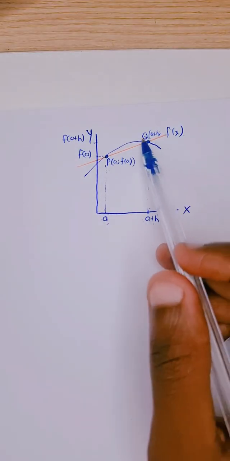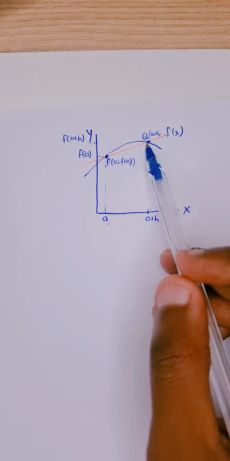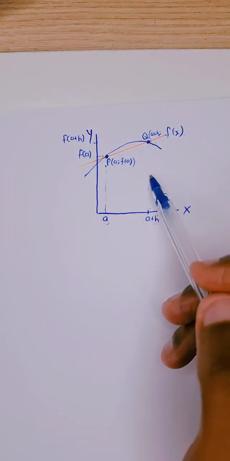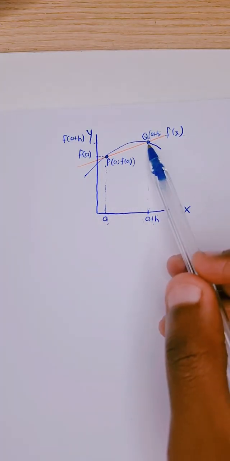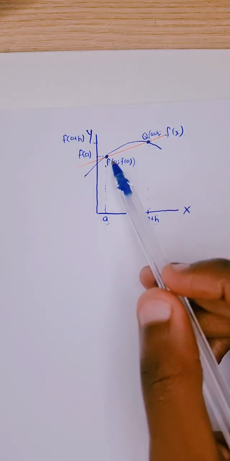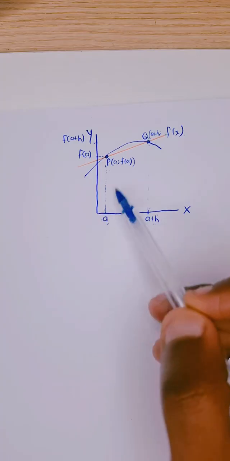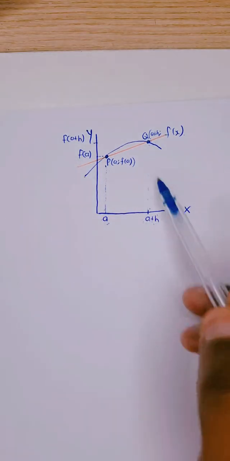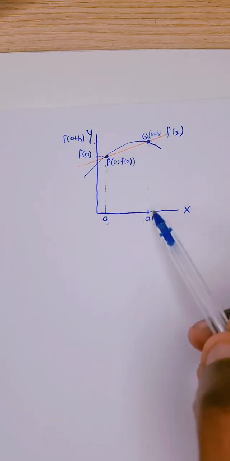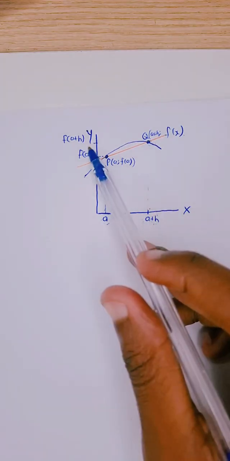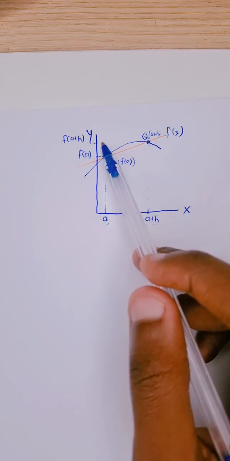The secant line cuts through P and Q. So we consider the point P and the point Q, and their respective x and y coordinates: a and f of a, and the x coordinate of Q, which is a plus h, and the corresponding y value, which is f of a plus h.